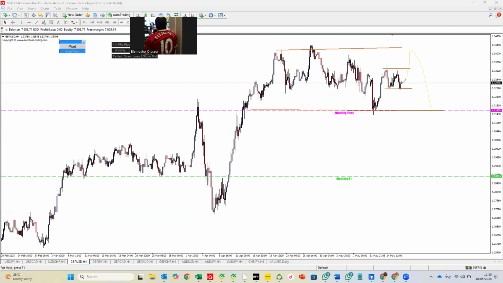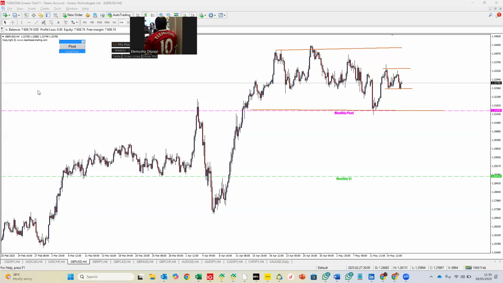So I'll be looking to see which one becomes strong first in the coming week. If pounds becomes very strong, then the trade idea will be to first buy and then sell. But if USD becomes strong before pounds, then it means first sell and then buy.